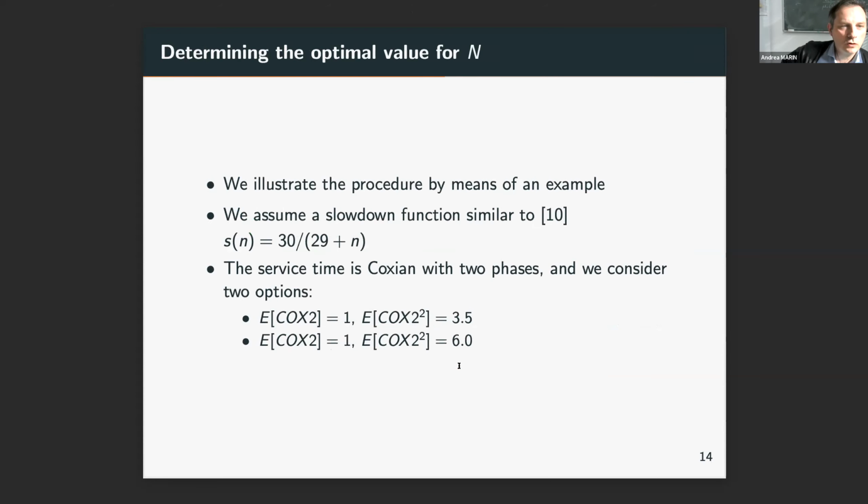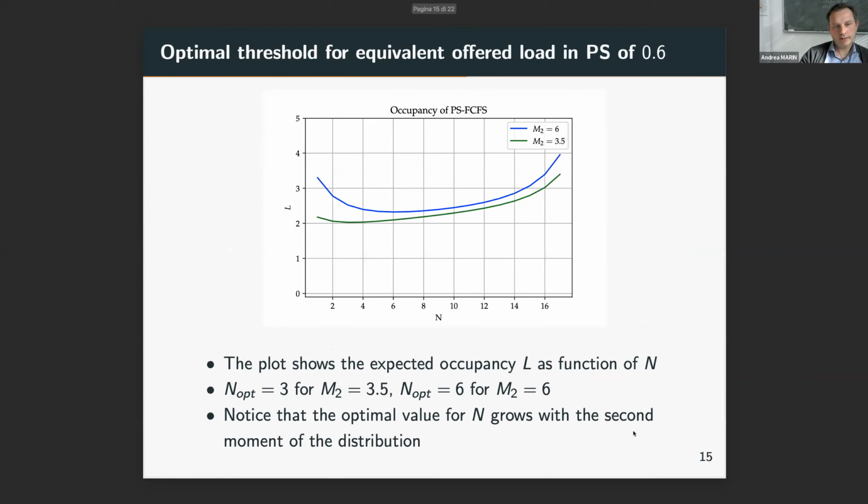Then for the determination of the optimal value of n, now we will show how we do it. We basically use the bisection method. For example, in this experiment, we assume the slowdown function that we took from the literature.